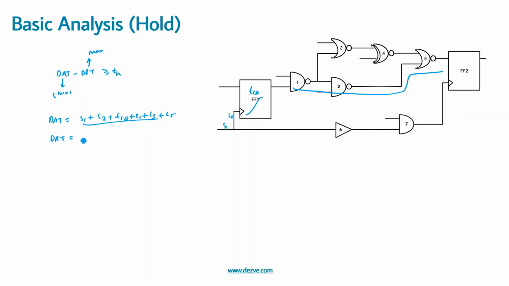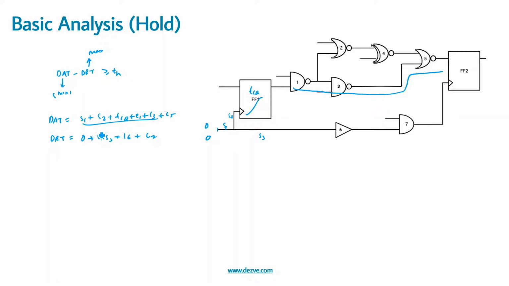DRT would be, now in setup we said that the setup analysis occurs between different clock edges, correct? But the hold occurs for the same clock at different flops, correct? So in this case, if the launch was at time 0, the capture would also start at time 0. So this will be 0 plus s1 plus s3, then c6 and c7, correct?